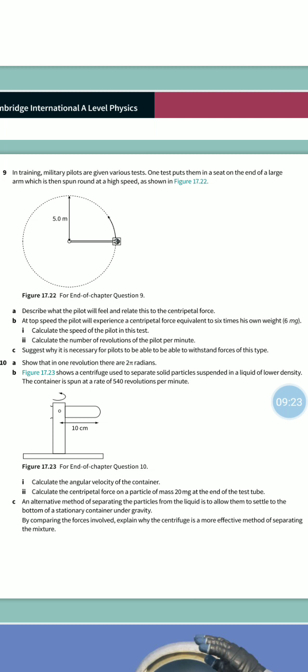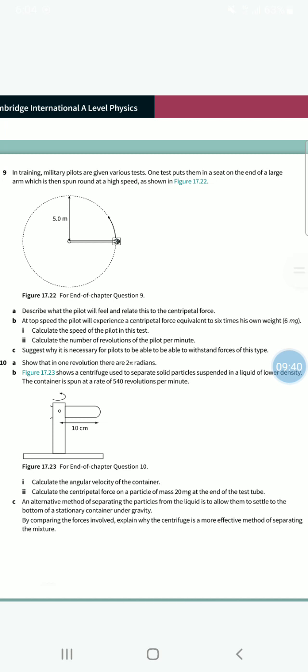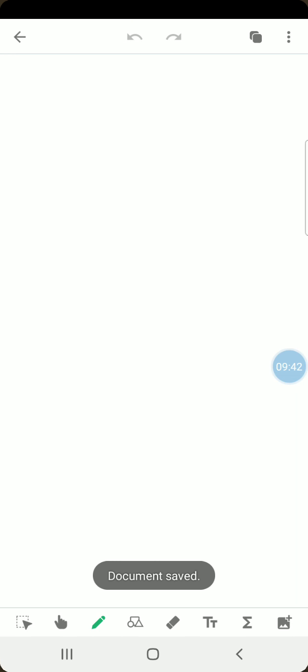So it's quite easy in this particular situation. F is equal to mv squared upon r. In this particular situation, the F is equal to 6 mg. So let's do that calculation.